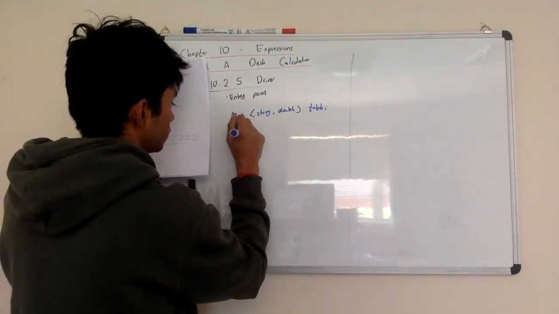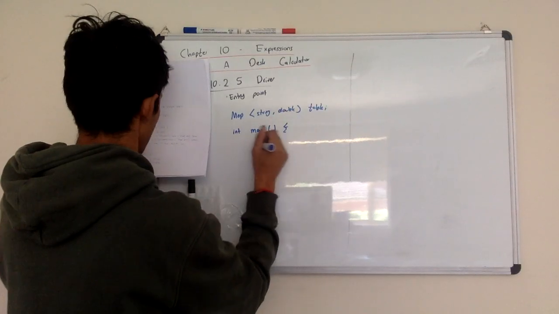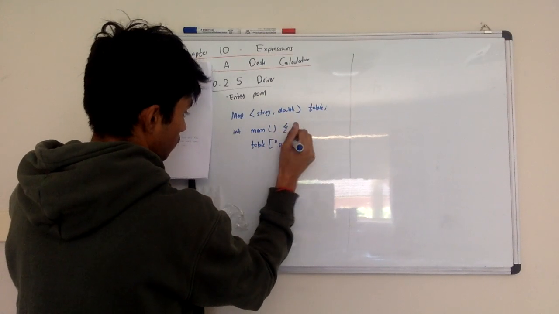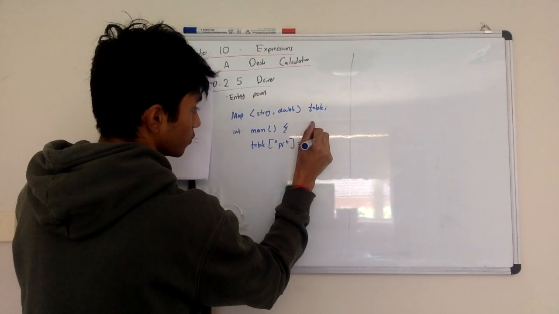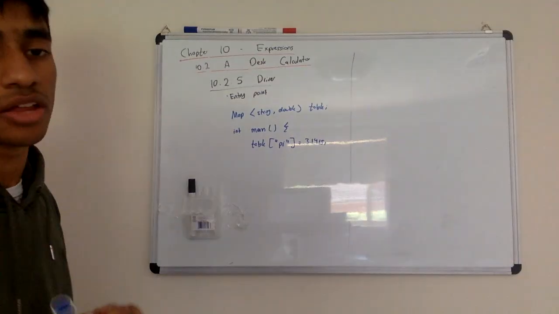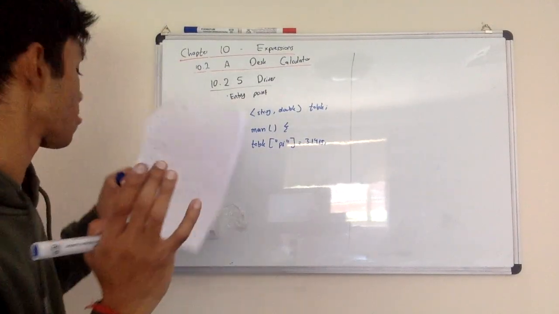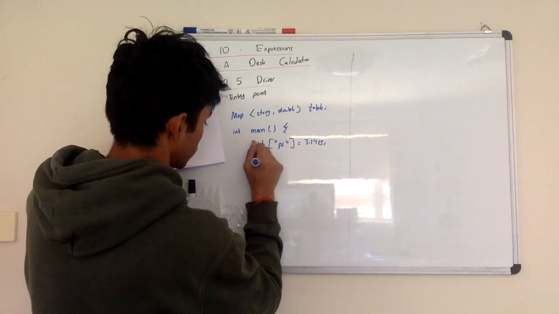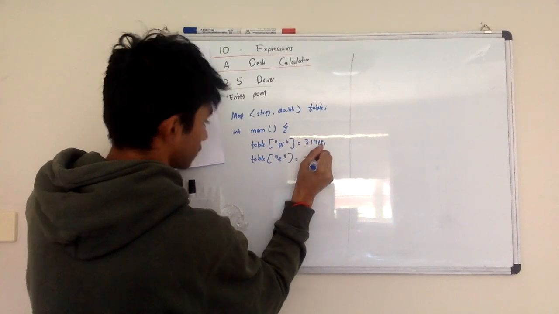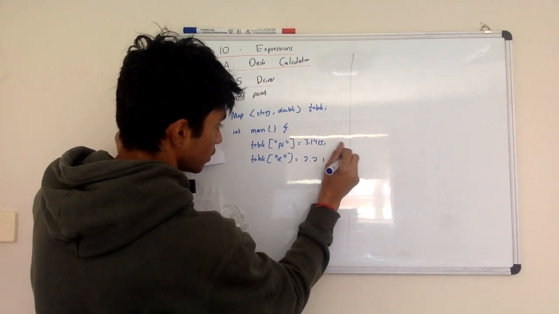Now we'll say int main. And then you have something like table, and we'll say pi equals 3.1415. This is how we preload the name pi into the calculator before the user has a chance to do anything. Same with Euler's number, so E equals 2.71828.